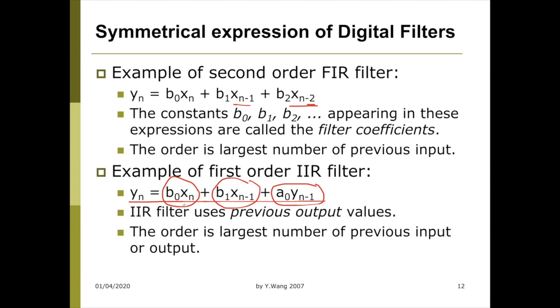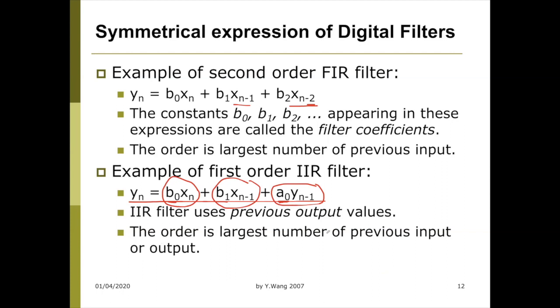However, we normally use a different symbol to represent the coefficients which apply to the previous output samples. We use B to represent the coefficients of input samples and A to represent the coefficients of output samples. So normally we call them B0, B1, B2, A0, A1, A2, and so on. It's a bunch of coefficients, not just one.